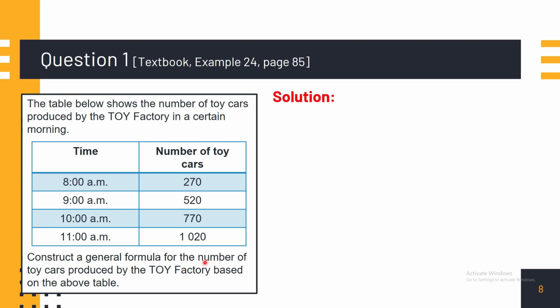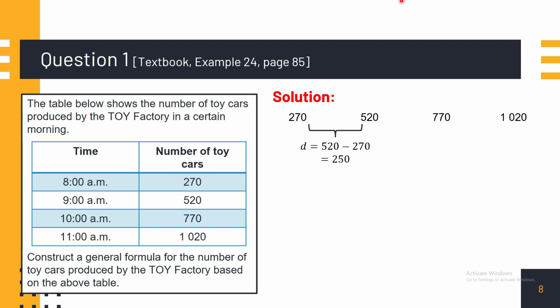Now we take a look at the solution, how to do the formula. First, we arrange the number of cars in this sequence: 270, then 520, 770, and the last one is 1020. You need to arrange like this, from 8 a.m. until 11 a.m. Then you calculate the d.